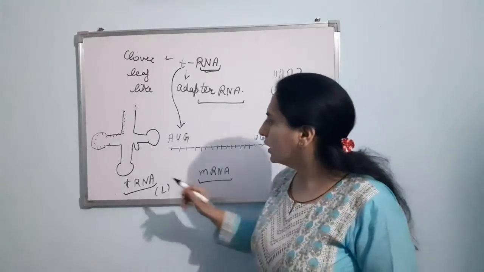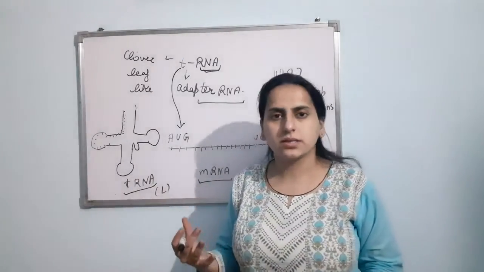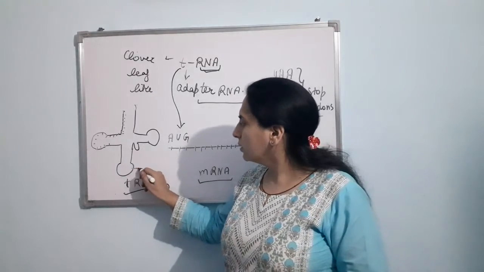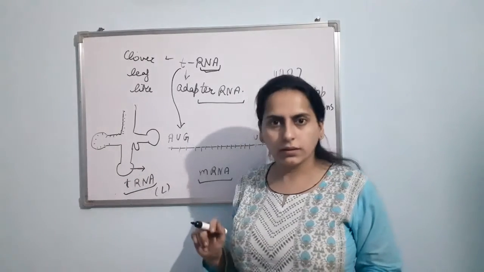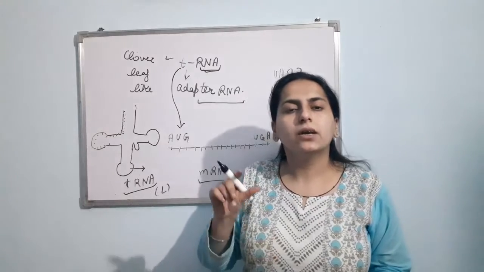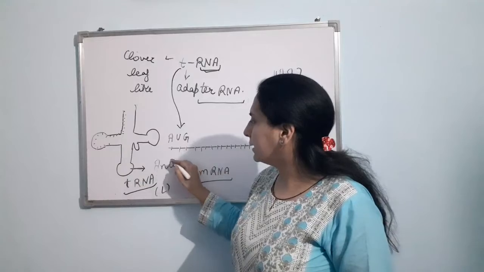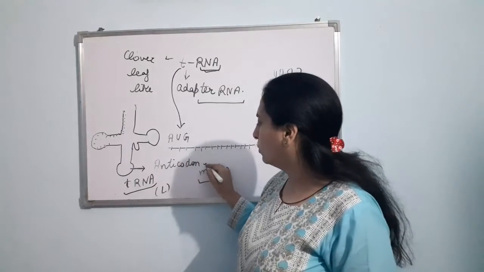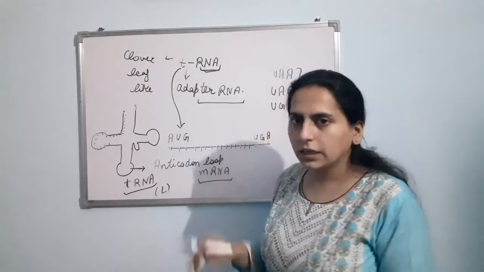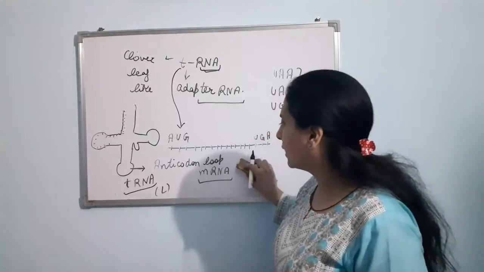Now if I talk about its parts, then one arm is known as the anticodon loop. Now what does this mean? Let me explain it with the diagram.